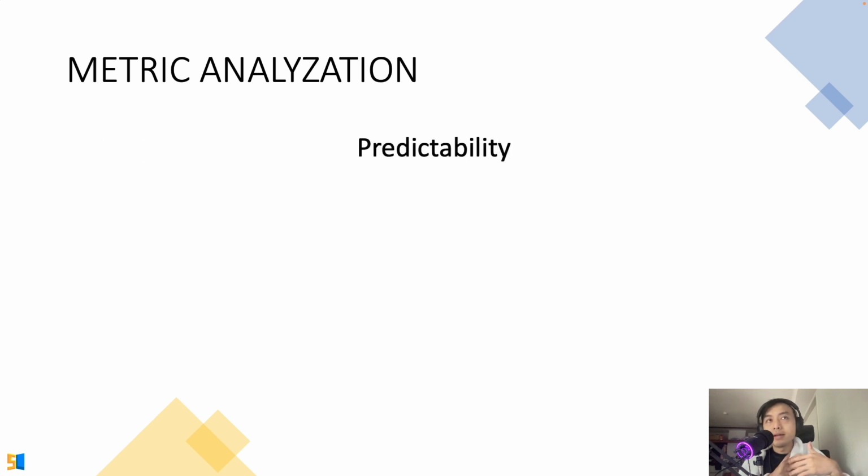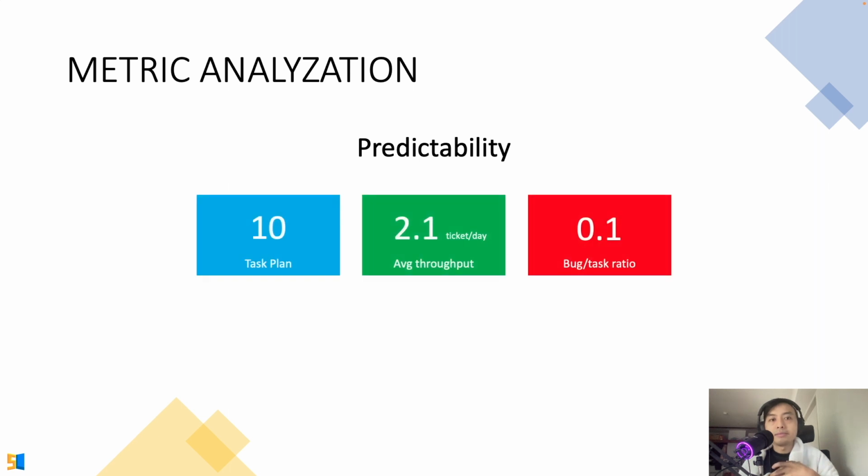And then the next analysis that we can do with the throughput is about predictability. Let's say I have 10 tasks that we need to plan, and from the previous data that we have, we are able to do 2.1 tickets per day.